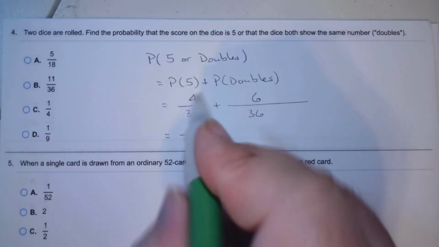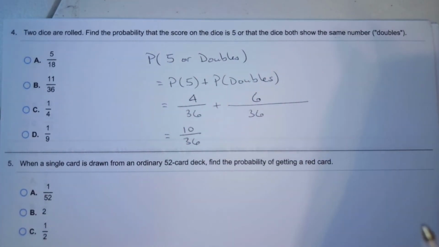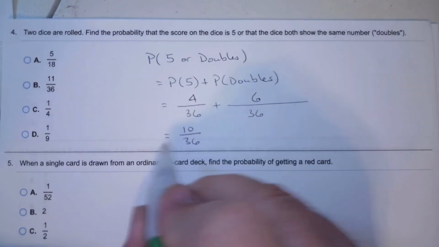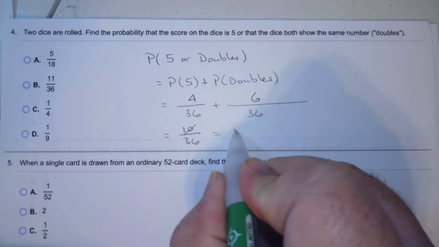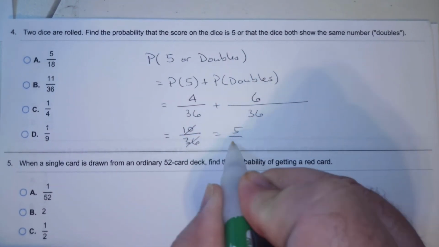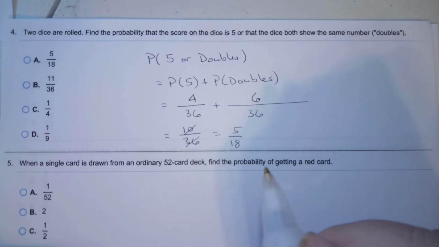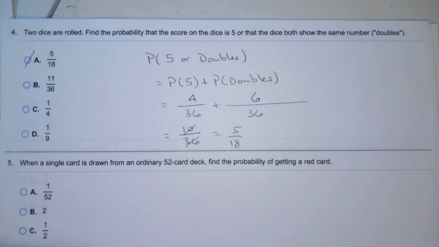Add the top. 4 plus 6 is 10. They're both even. 2 goes into 10 5 times. 2 goes into 36 18. So it's A, 5/18.